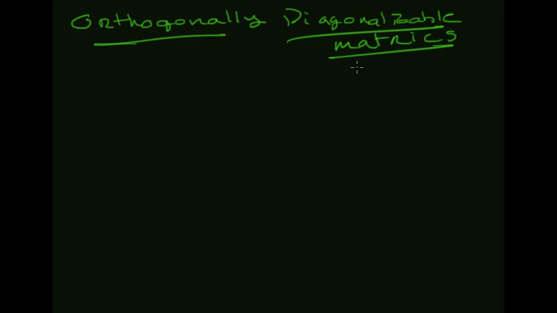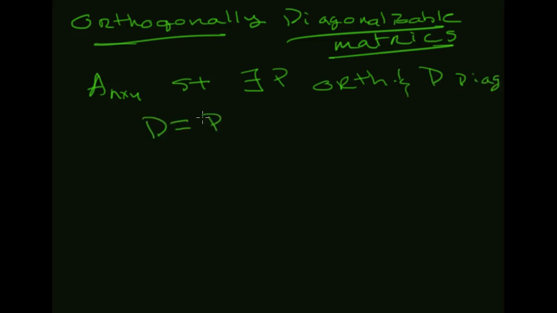Okay, so A is going to be an n by n matrix such that there exists P, which is orthogonal, and D, which is diagonal, such that D is equal to P inverse A P. If I have this, then I say that A is orthogonally diagonalizable.